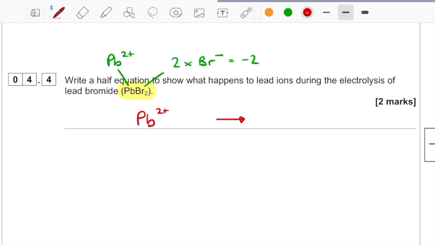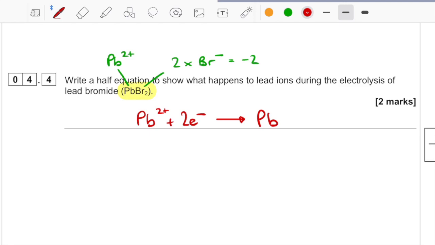So if we've got the lead ion at the beginning, we must have just lead at the end. In electrolysis, you're always forming the elements, they're always the product. So we've got to get from 2+ to 0, and the way we would do that is gain 2 electrons.